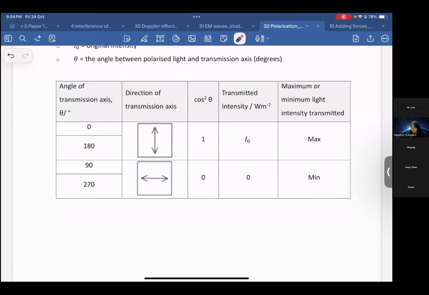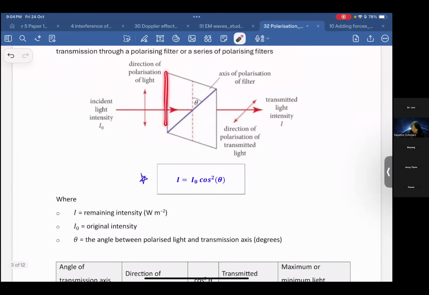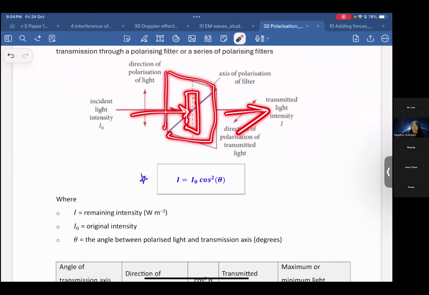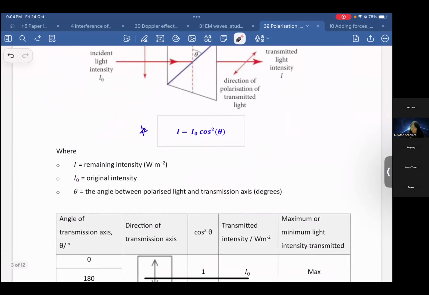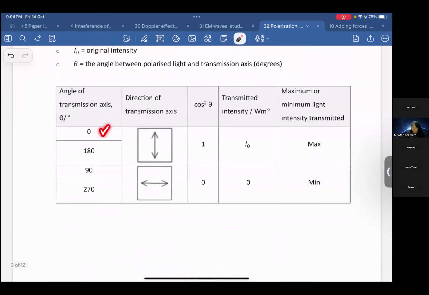That means you allow all the light to pass through. So your light intensity equals your initial light intensity. At 0 and 180 degrees, when your filter is rotated to this angle, this is the maximum light that we can get.